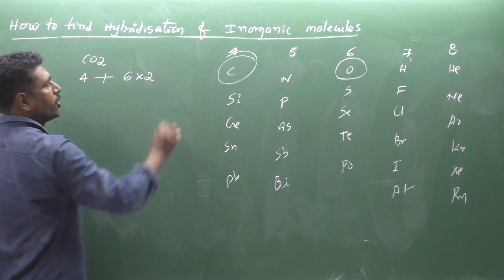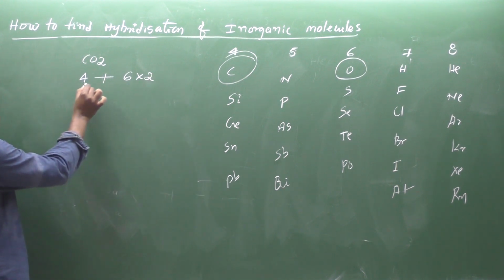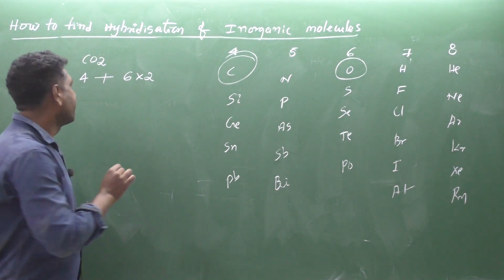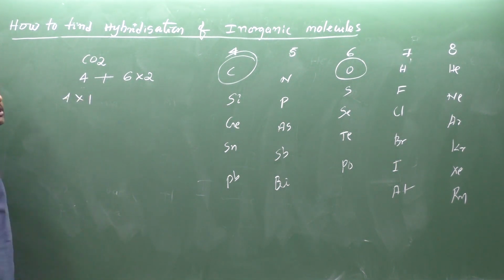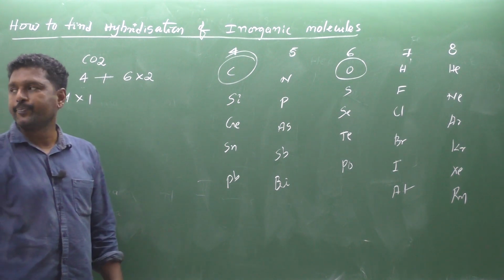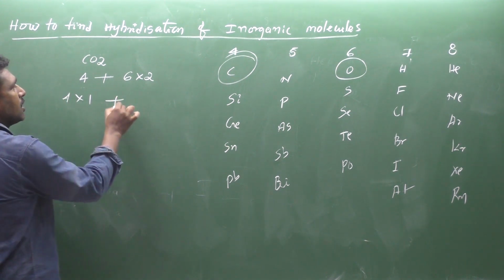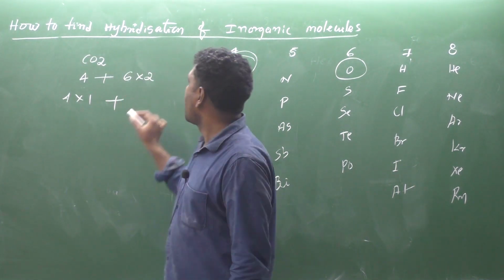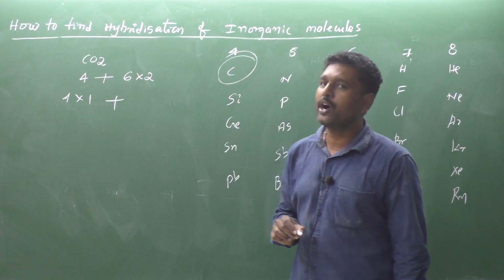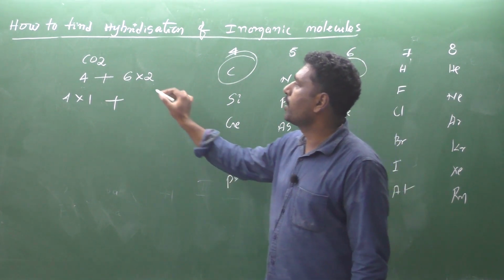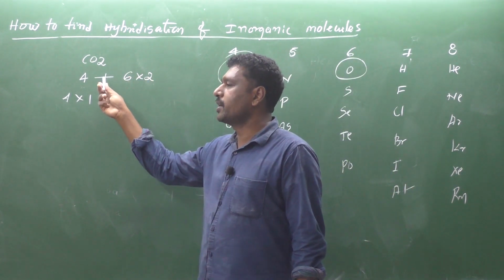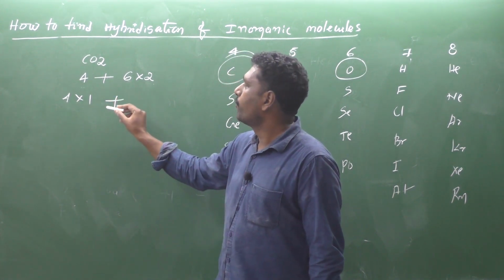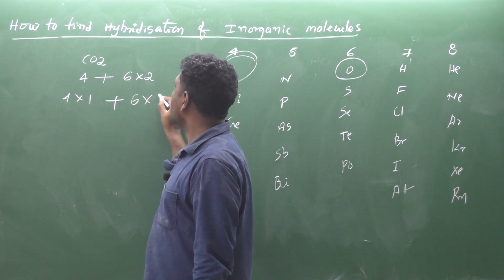Therefore, 4 into 1, where 4 is the group number of carbon and 1 is the atomicity of carbon, plus 6 into 2, where 6 is the group number of oxygen and 2 is the atomicity of oxygen. Therefore, 4 into 1 plus 6 into 2.